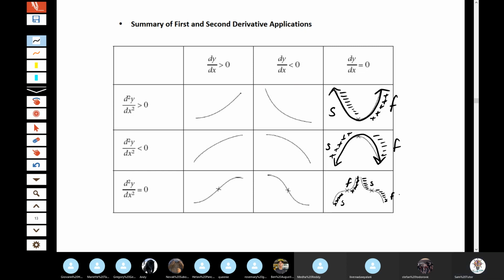Decreasing. So that would be, I don't know, let's think of one. Increasing slow and then increasing fast. Oh, that's a horizontal point of inflection there as well, isn't it? I can't think of one for that one, but I can think of one for this one. This is increasing fast and then increasing slow.